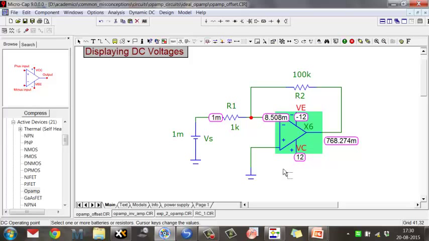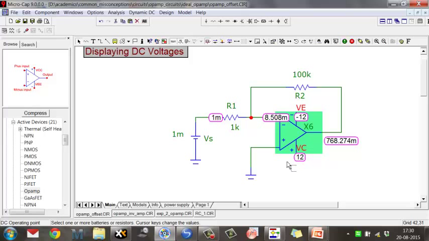If you are a manufacturer making 100,000, 1 lakh such amplifiers and selling them, you can't go on each one of them and tune it to make the offset voltage negligible. It's too costly.